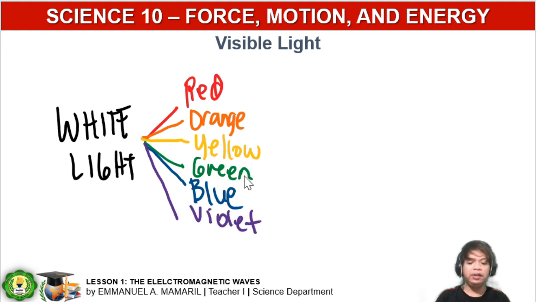Alright, so these are the 7 colors, or the 6 colors, or the colors that make up the white light, no? So we have red, orange, yellow, green, blue, and violet, or indigo.